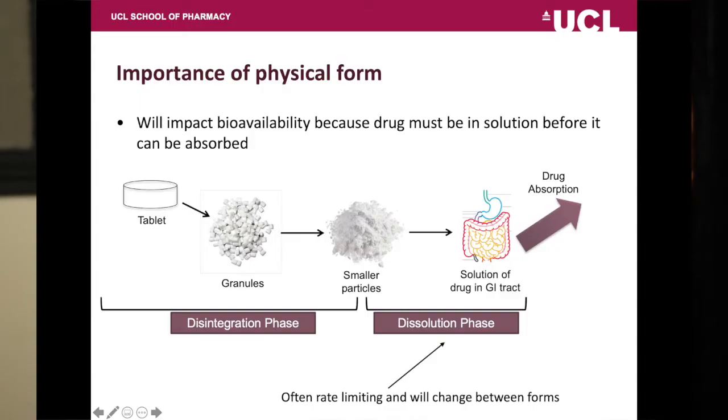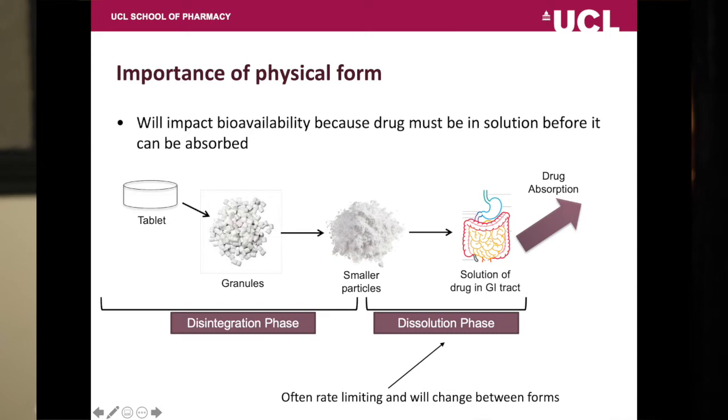On the screen in front of you is a diagram showing you the stages through which a tablet in this case has got to pass in order to get into the bloodstream. So you start with your tablet on the left hand side, which the patient swallows. You may, depending on the properties of your material, granulate that material and put it into a capsule. It doesn't really matter.